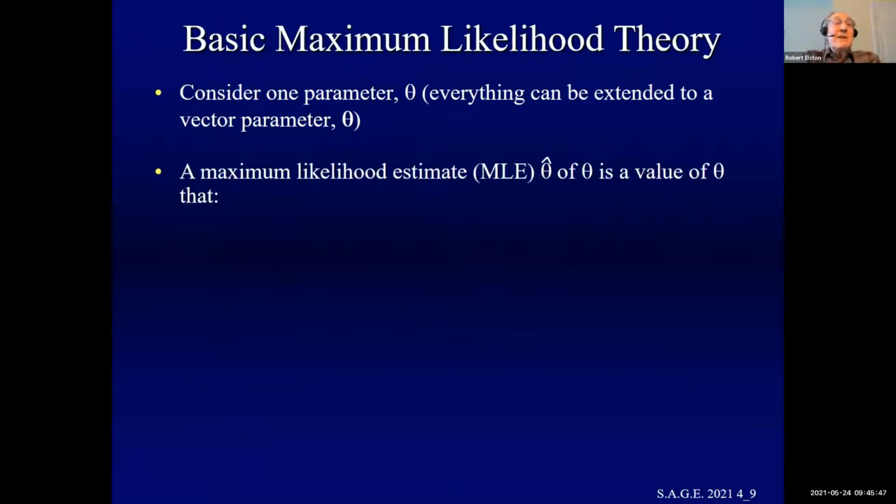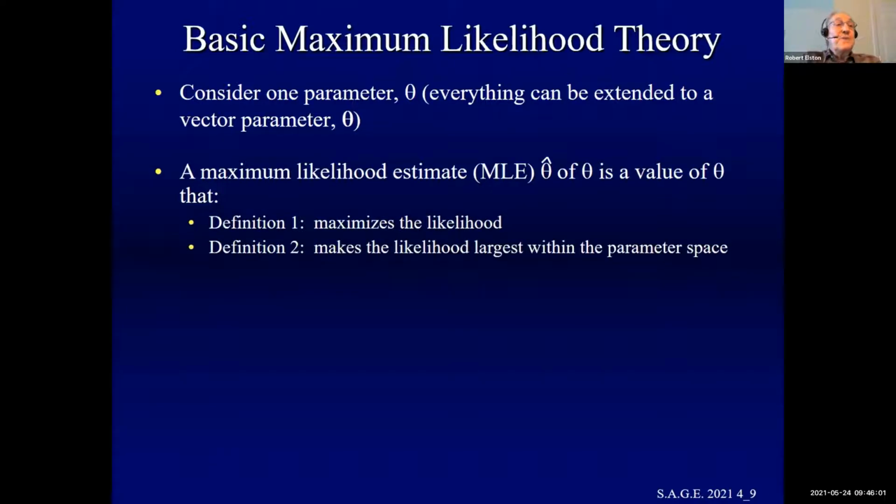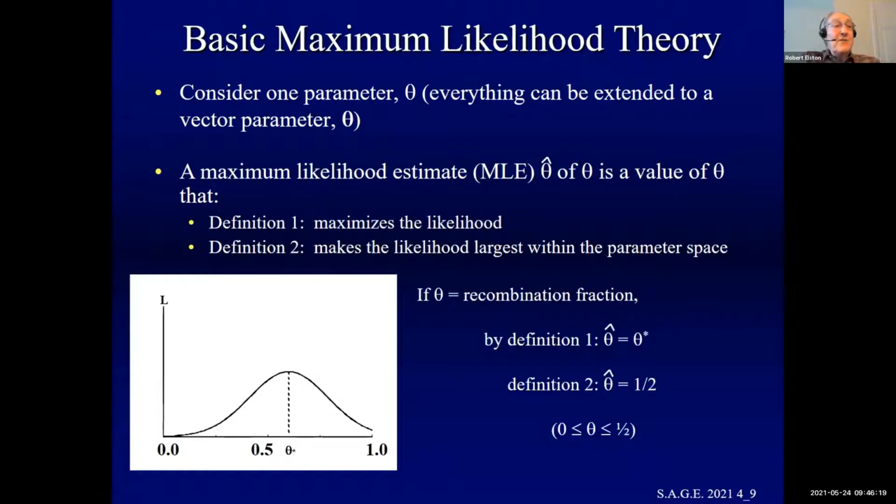A maximum likelihood estimate, theta hat, of theta is a value of theta, and there are two definitions. One, it maximizes the likelihood, and two, it makes the likelihood largest within the parameter space. If you make it largest within the parameter space, it may not be at a local maximum, but those are two different definitions people use, and you have to realize that. For example, here we're looking at the likelihood as a function of a recombination fraction.